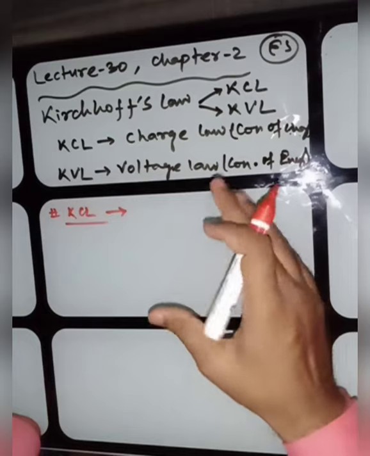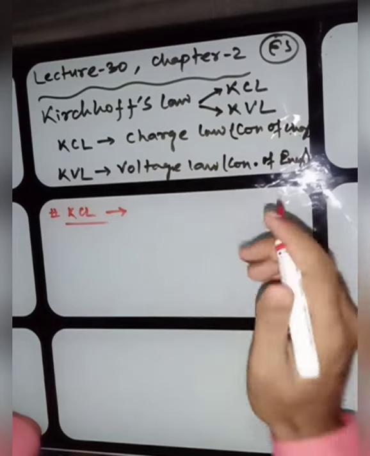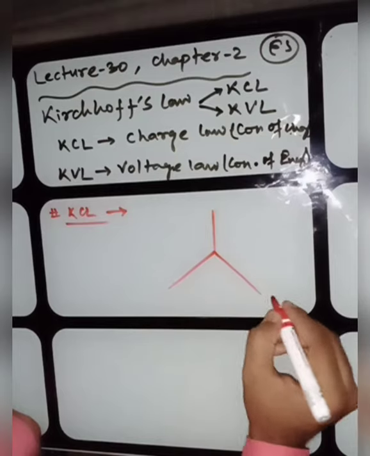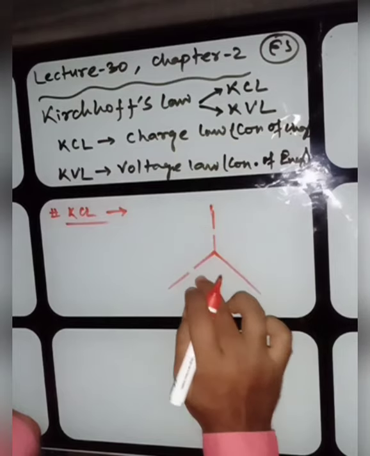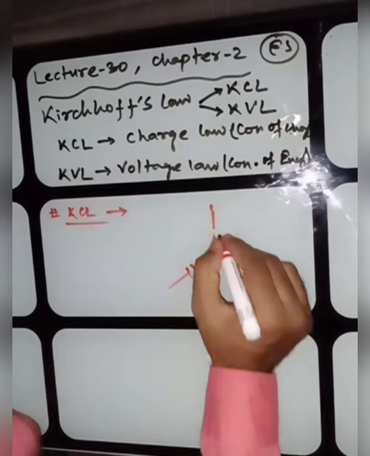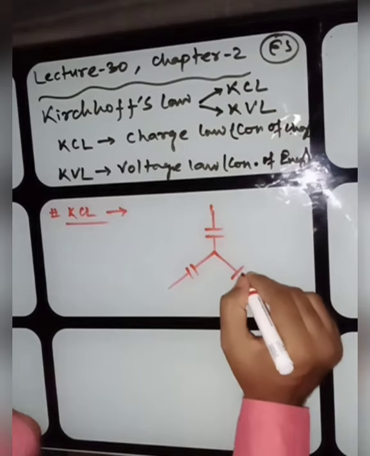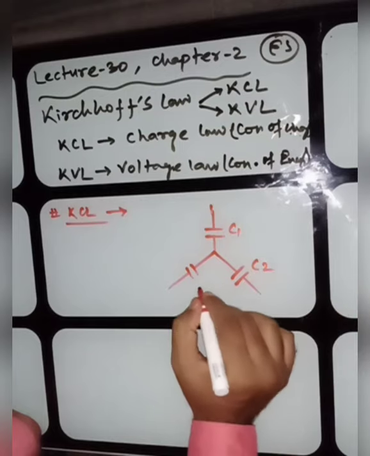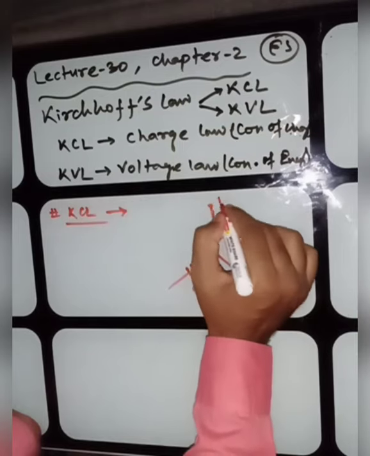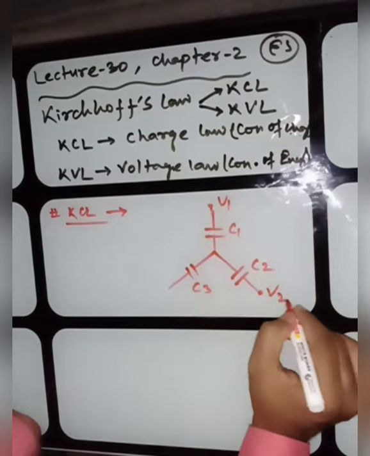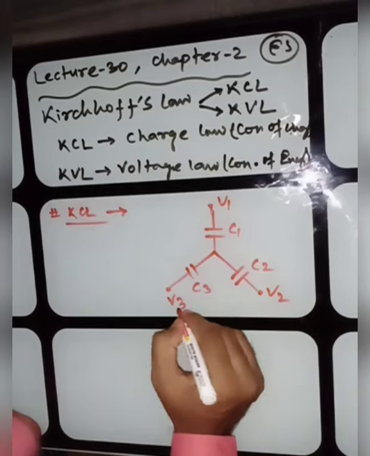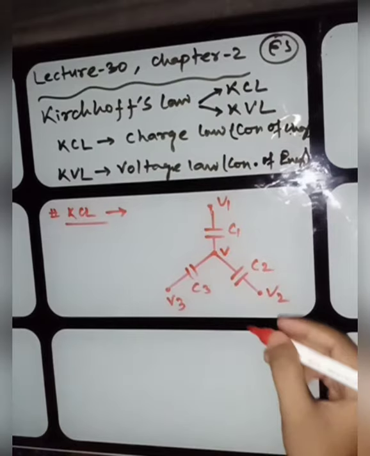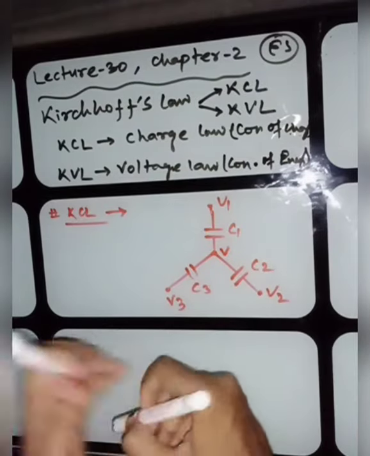What does it mean? It means if you are having a circuit like this one, and the capacitors are connected, okay, suppose C1, C2, C3, here the potentials are V1, V2, V3, and this terminal at the potential suppose V, and charge are moving.